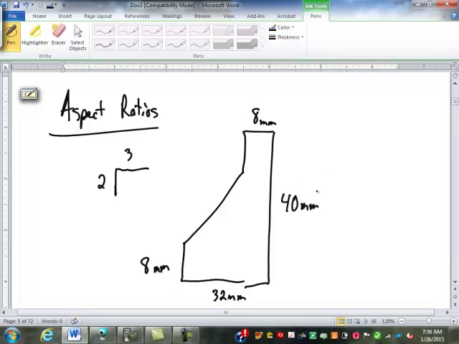We go 40 millimeters here. And what I'm asking you to find is this dimension right here, A. But while we're at it, we'll find B and C here as well.